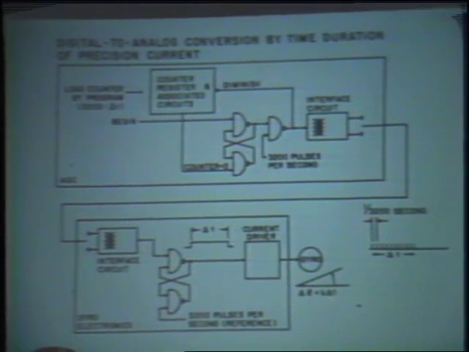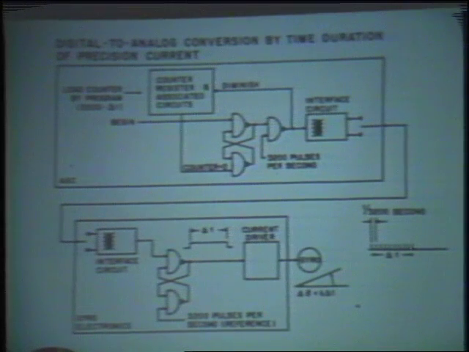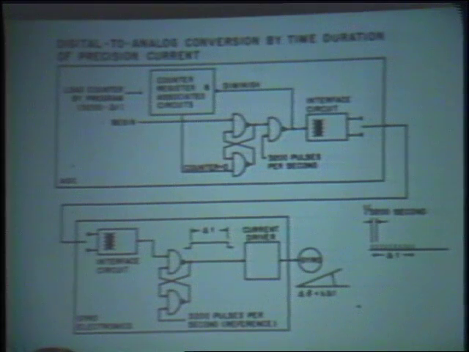So delta theta is proportional to k delta t. To generate the interval delta t, a number n is loaded into a counter in the computer up here. And then the start bit is set, which allows the counter to count down until it goes to 0, and then the count is stopped.